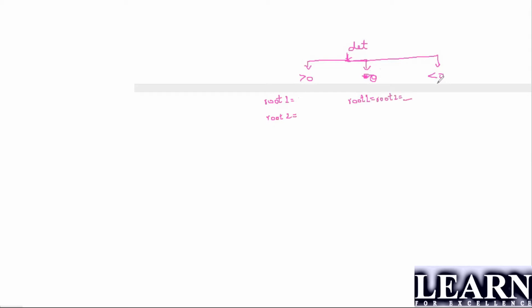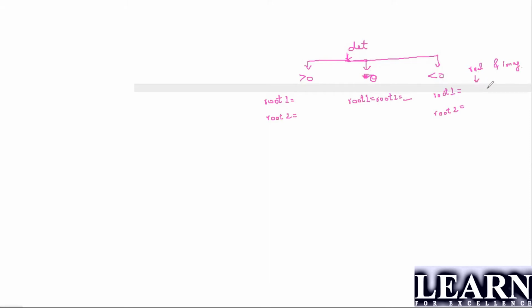And in this case you need to be very careful, because again you will be getting root 1 and root 2, but in this case you will have two different sections. One is the real part and imaginary part.